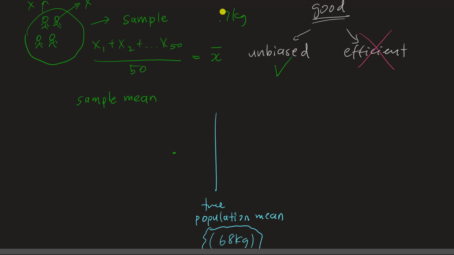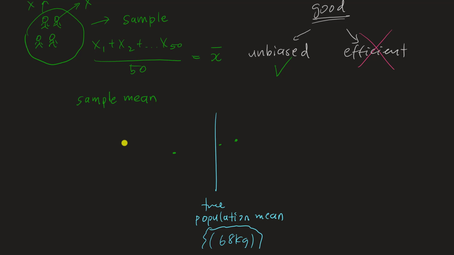Sometimes you happen to choose a heavier set of people and end up with a sample mean of 73 kg, so maybe it's here. Sometimes you might get a sample mean of, let's say, 68.3, which is really close to the true population mean, which we do not know. So maybe it's here.